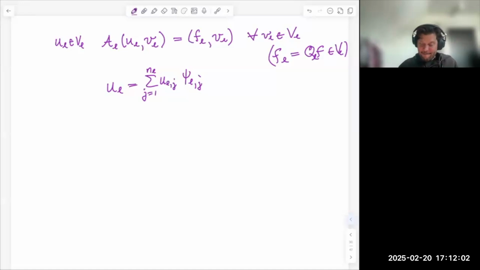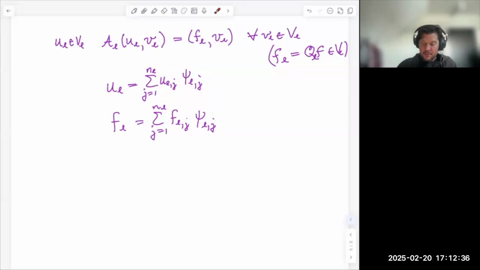All right, that's good. Now, let's also let FL be its representation, the sum from J equals 1 to NL of FLJ in the basis, corresponding to its coordinate vector with those components. And these are the components of my coordinate vector for U.